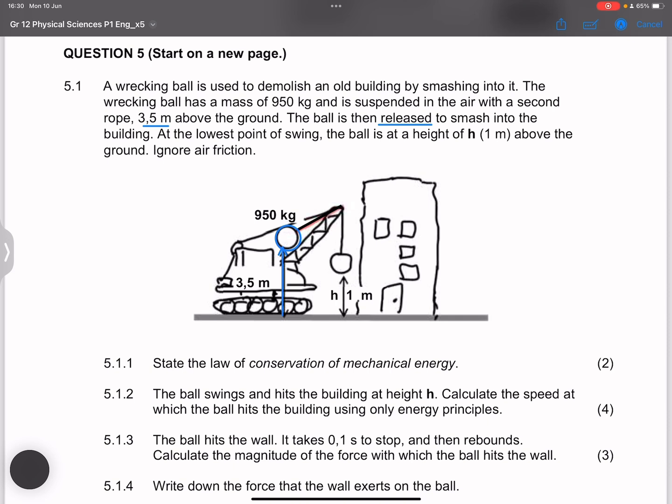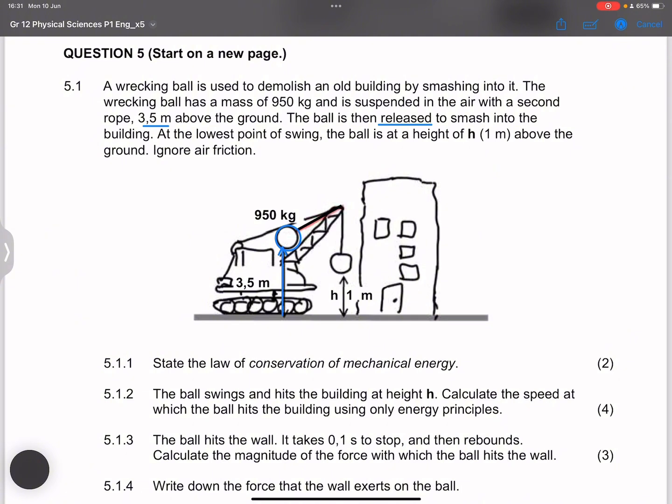Now, they say to us, state the law of conservation of mechanical energy. Remember, we say in an isolated system, mechanical energy is conserved, or you can say mechanical energy before is equal to mechanical energy after. Okay, so please note that. Or you can say mechanical energy remains the same in an isolated system.